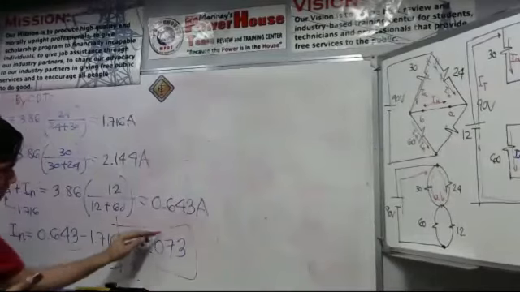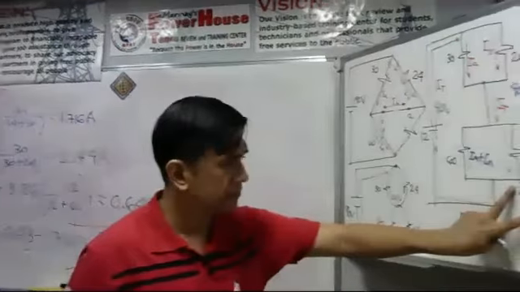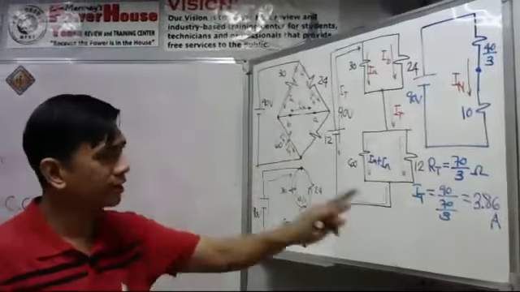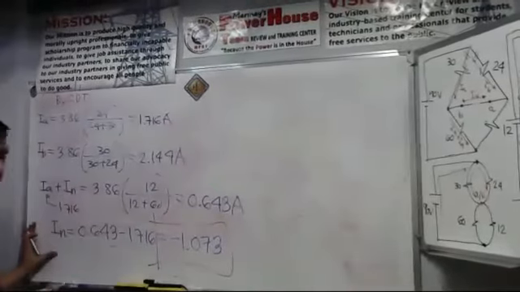See? So we already get now the value of I sub N. Actually, the total current is not yet our Norton's current. Our Norton's current is what I showed you here.